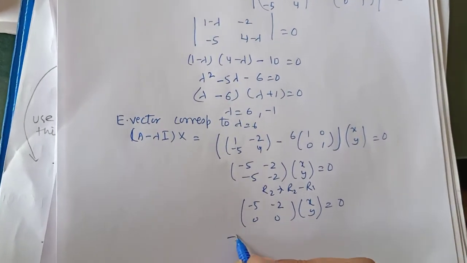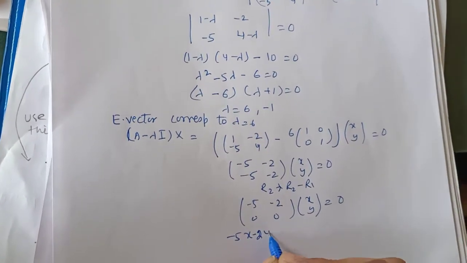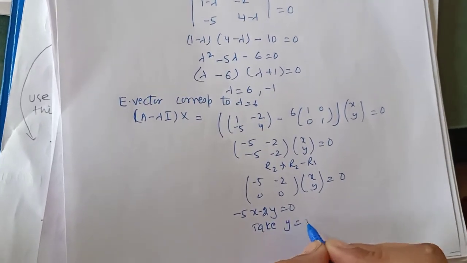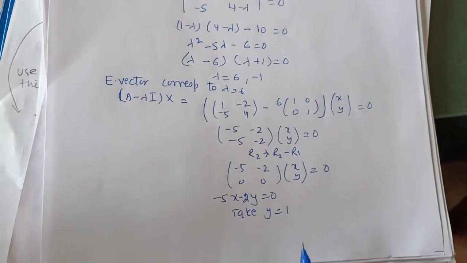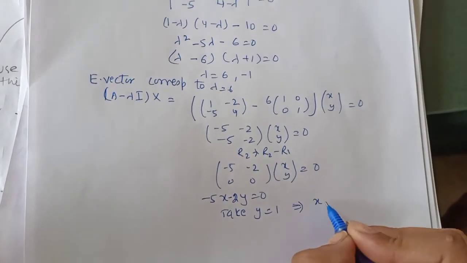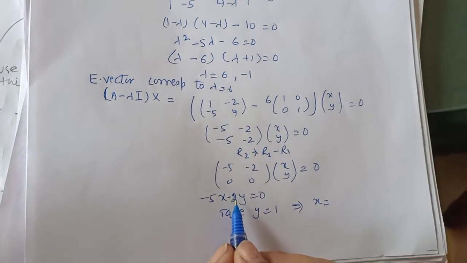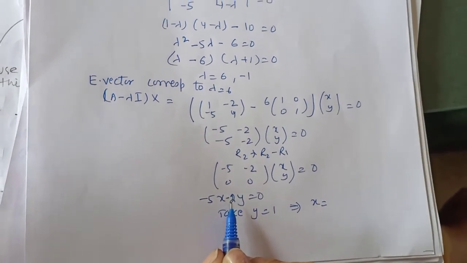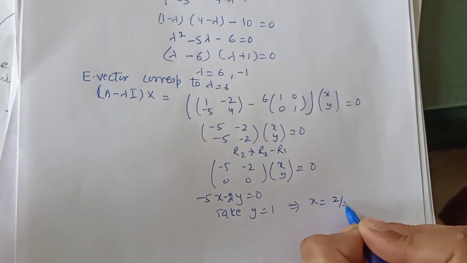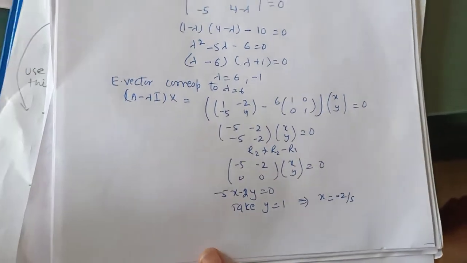So in order to solve this, I'll take any value of y. For making the calculations easier, I am fixing y as 1, and the corresponding value of x will be, if you fix y as 1, x = -2/5.